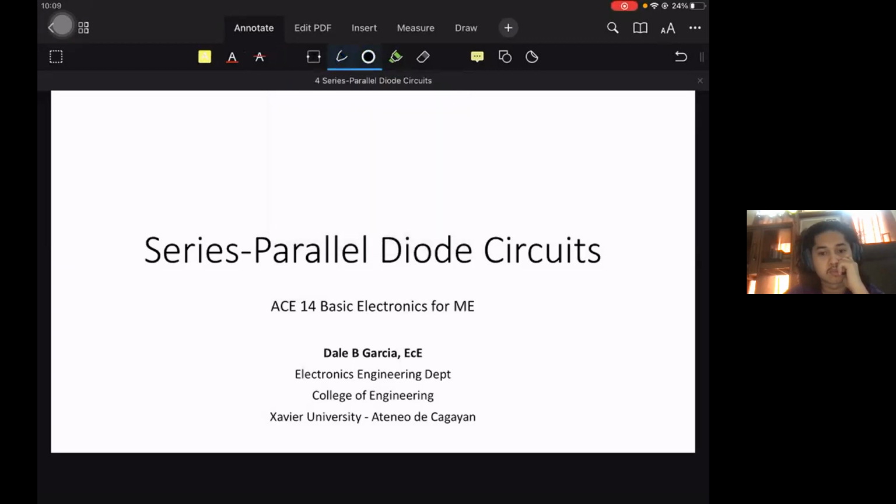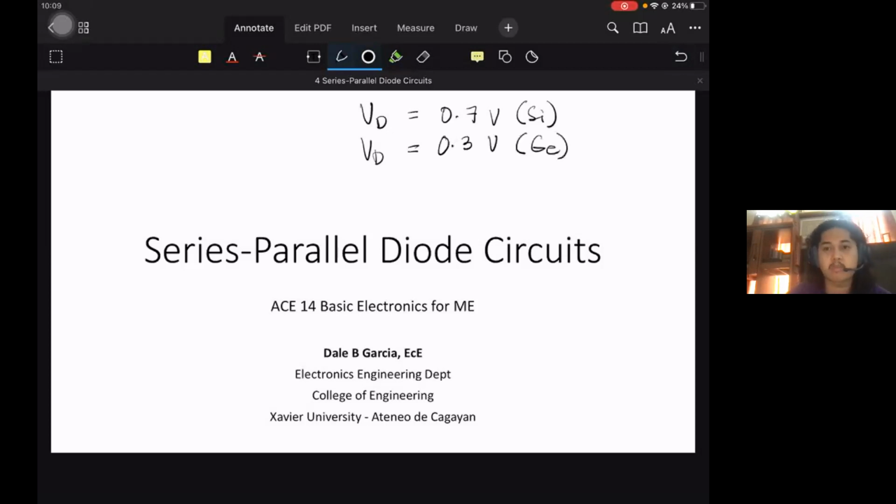We should remember the forward bias diode voltage for silicon is of course 0.7 volts. You should memorize that. For germanium, it's 0.3. The forward bias voltage of germanium diodes is much smaller than silicon.